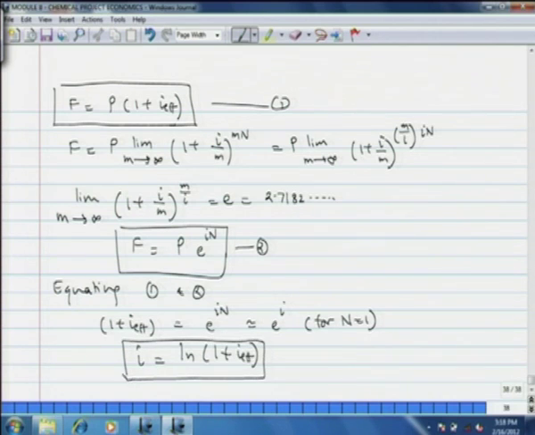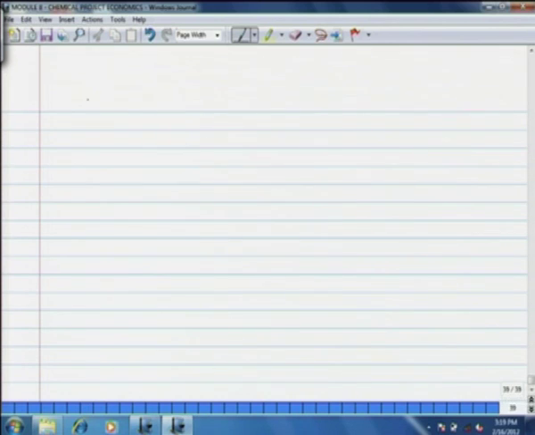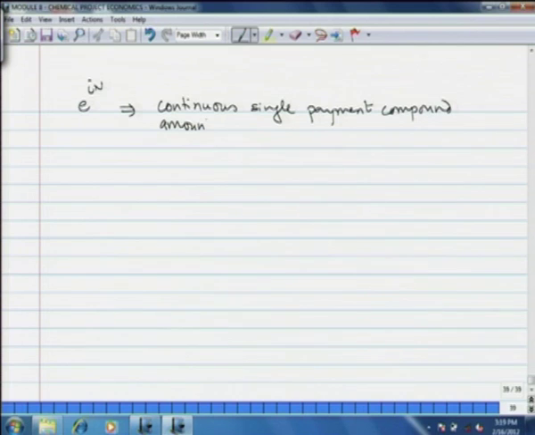This is the relation between I and I effective for continuous compounding. The factor e to power I into n is called as continuous single payment compound amount factor, or it is also known as continuous future worth factor.